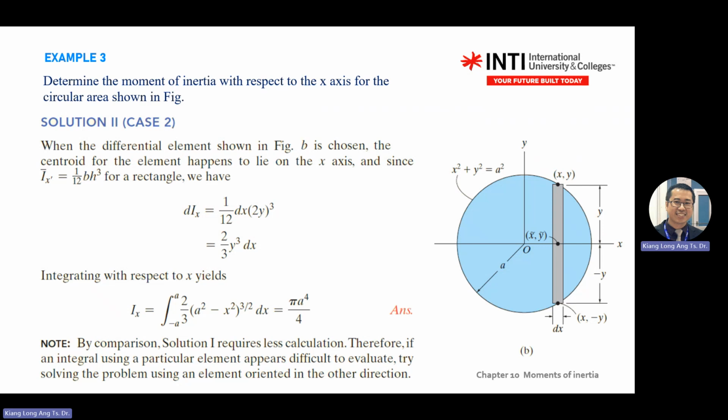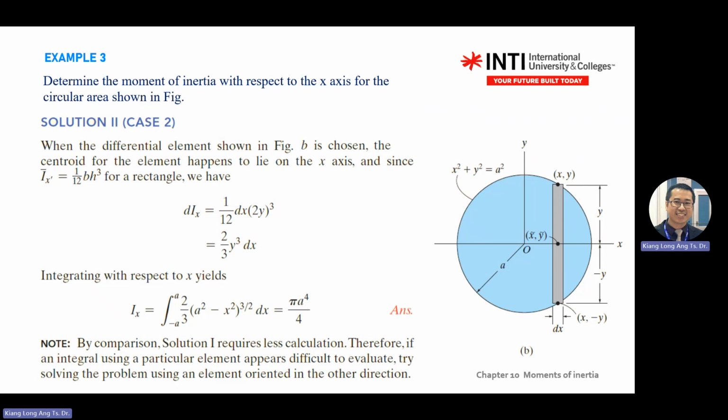Every time you see a rectangular shape, Ix will be this. So if you refer to the centroid, you get 1/12 bh cubed for a rectangle.